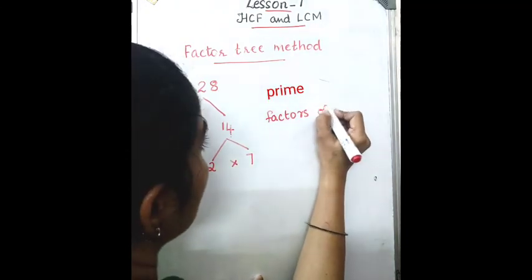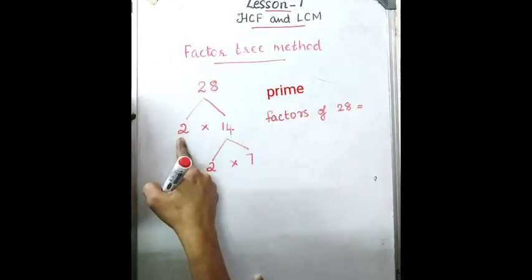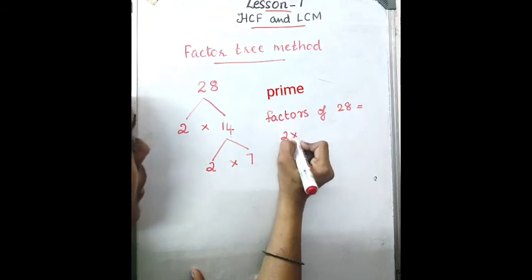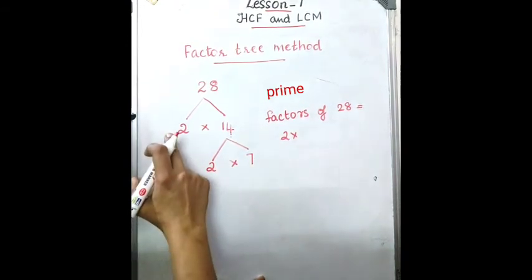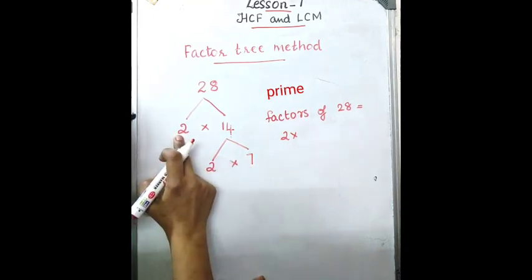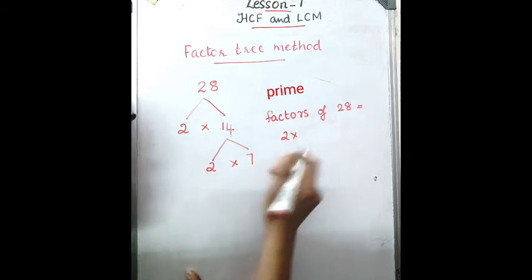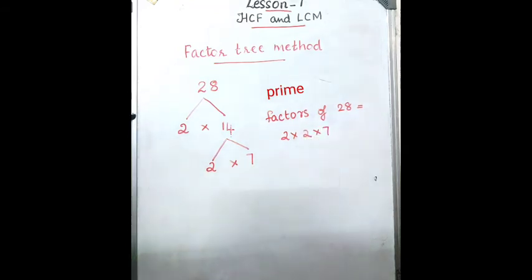That is, the prime factors of 28 are 2 into 2 into 7. We have to write these numbers as the product of prime numbers only. These are the prime factors of 28.